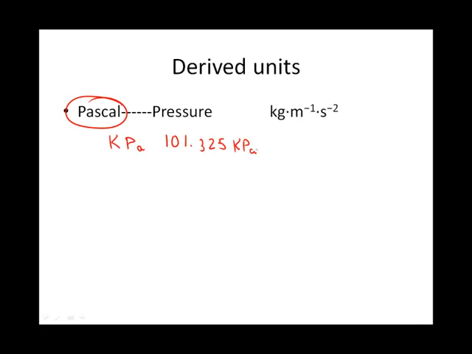Standard pressure. Well, we could write this Pascal in base units, and the base units for the Pascal are kilogram per meter per second squared, or sometimes you might see it written like this, kilogram meter per second squared.